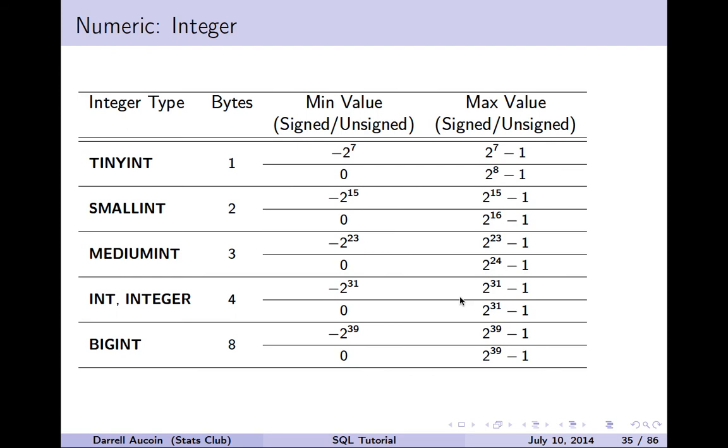You want to make sure that when you specify the type of int, it will cover all your cases. It's kind of difficult to change it afterwards when you put it in. Each one has its own number of bytes it uses up and what range it goes to.